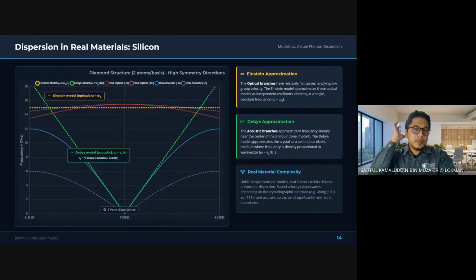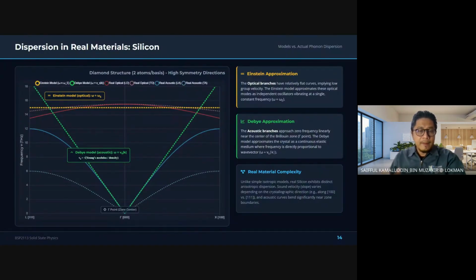Alright. So we have mainly discussed ideal models. This slide shows how these ideas look in a real material, for example, silicon. Real crystals are more complex than ideal textbook chains, but the main features still appear. You can still identify acoustic behavior and optical behavior.